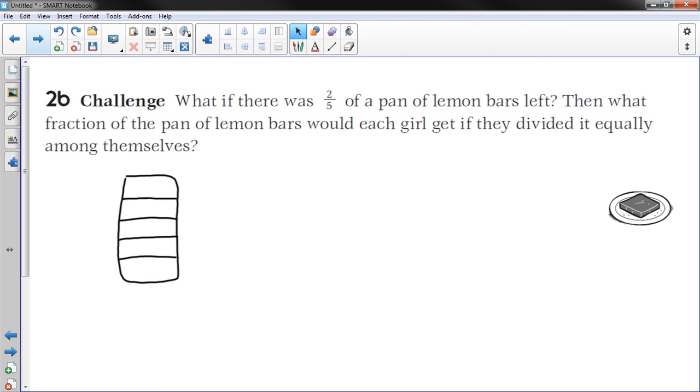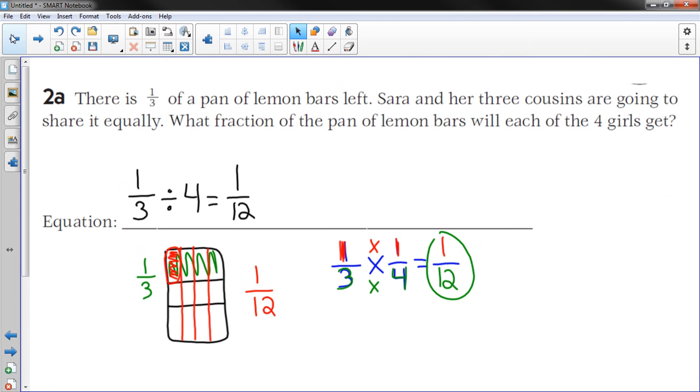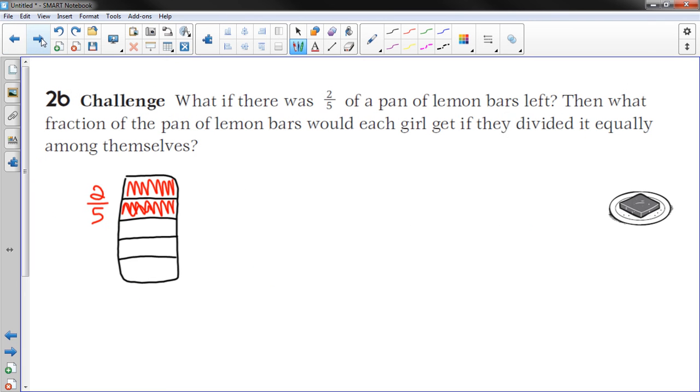And there's 2/5. And I think it was 4 girls, right? 4 girls. Yep. So I divide it by 4. That's dividing it by 4.